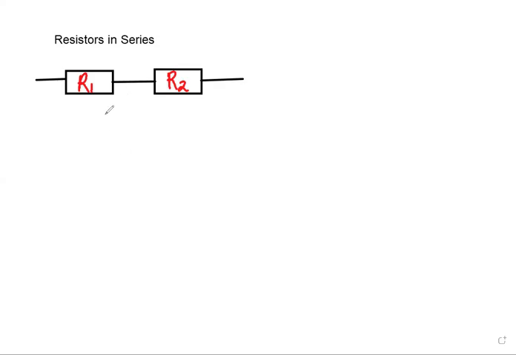If I calculate the total resistance, which we call R total, it will be R1 plus R2. It means you add the first resistor together with the second resistor.